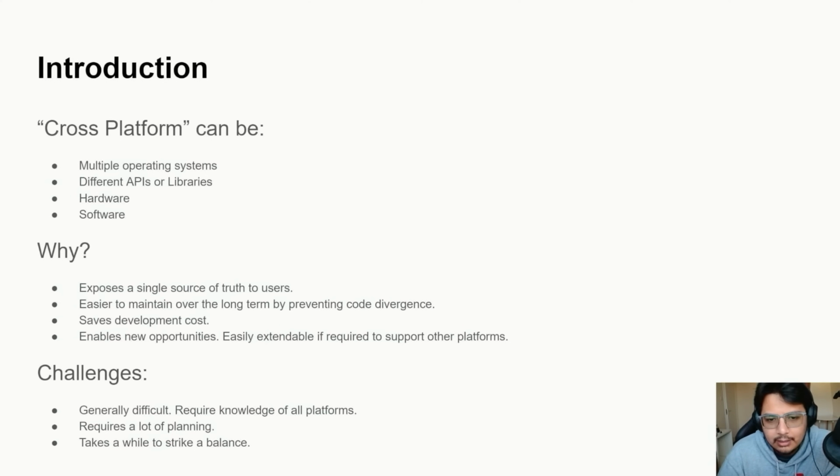As to why you want to have an abstraction layer when doing cross-platform development, mainly it exposes a single source of truth to your users, right, your clients. Now, before I proceed, I feel like it's really important for me to define what a client means in the context of this presentation. So in large code bases, not everybody owns all of the code.